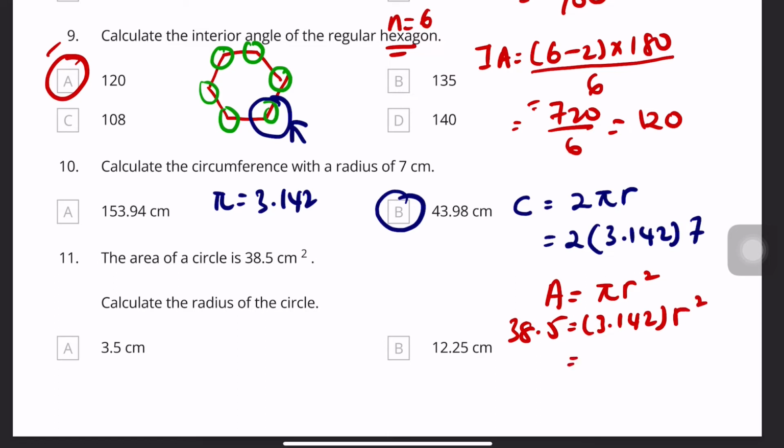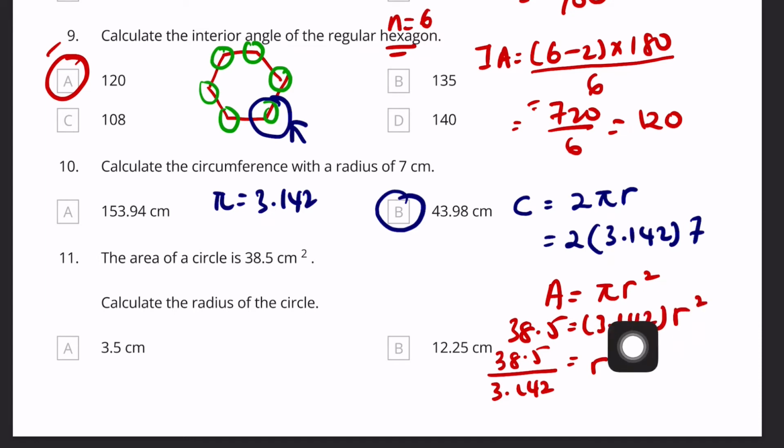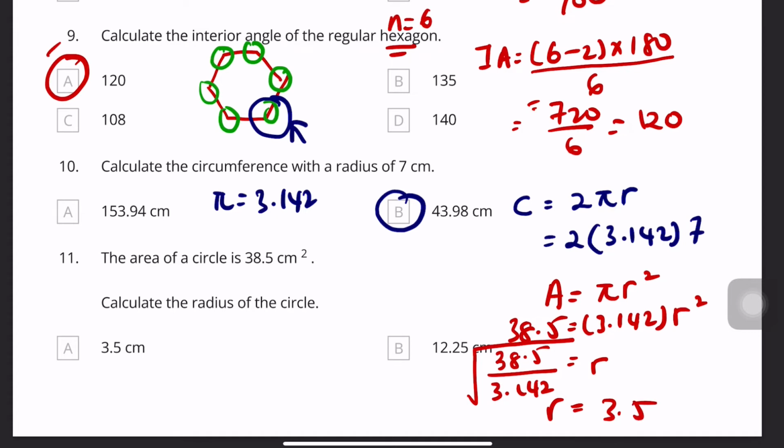To find the value of r, this part we move to the other side and it will become division. So 38.5 divided by 3.142. The r square we move to the other side will become square root. So you will get 3.5. So your answer is A.